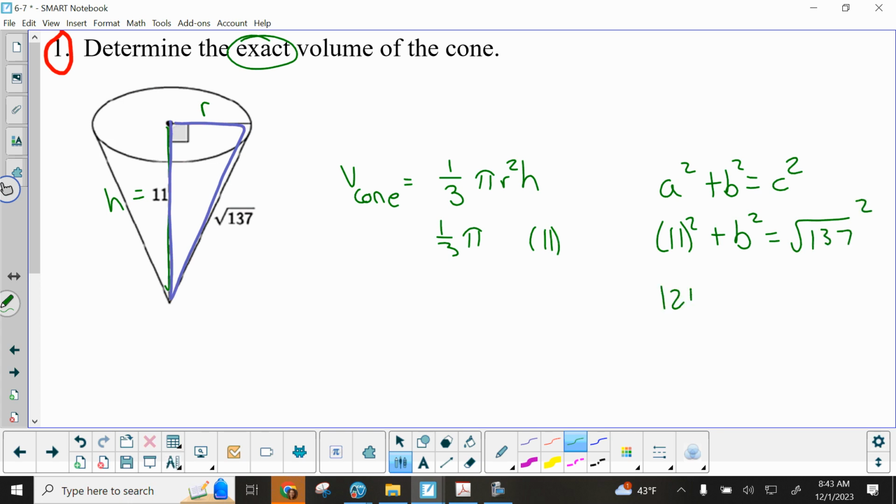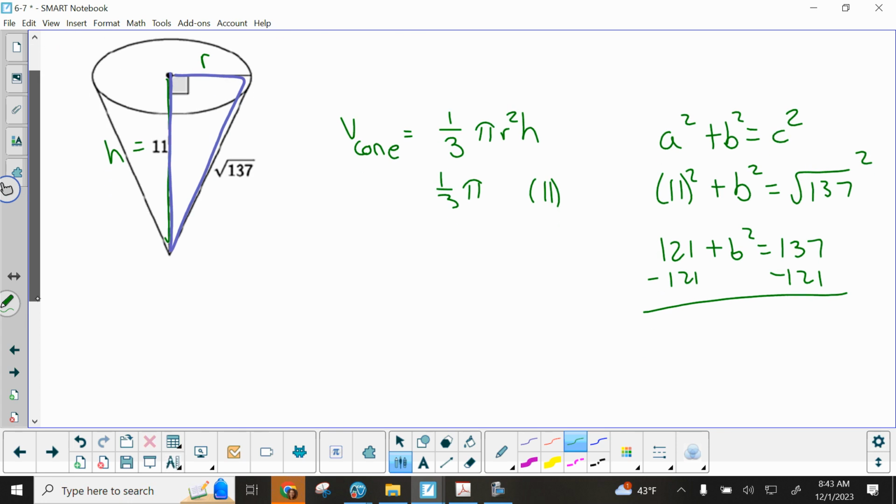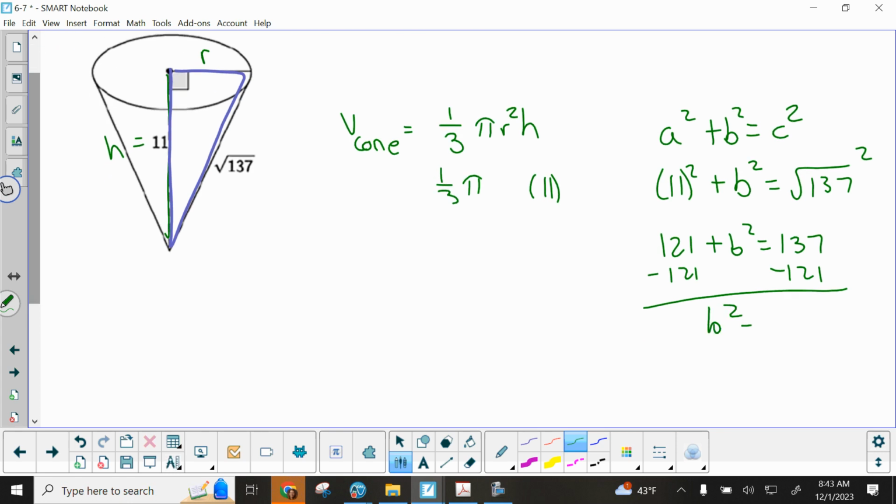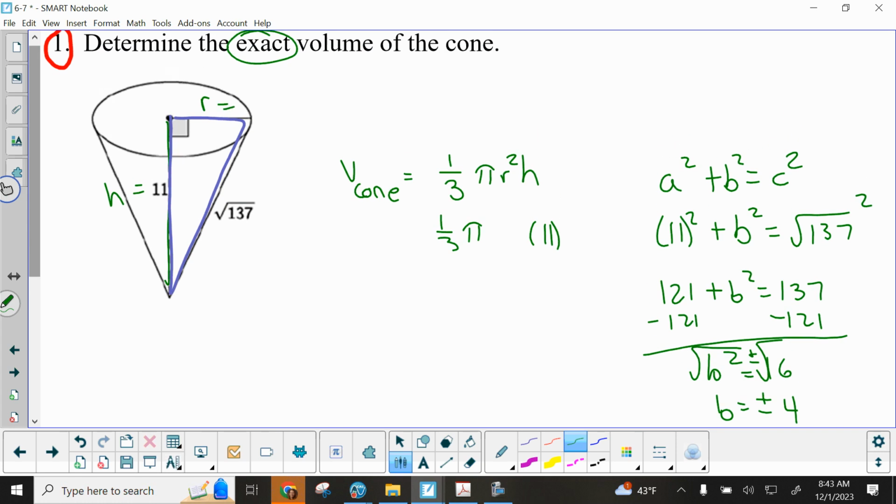So 121 plus b squared equals 137. I get 16, take the square root. Technically, it's plus or minus 4, but negative radius doesn't make any sense, so it's positive 4.